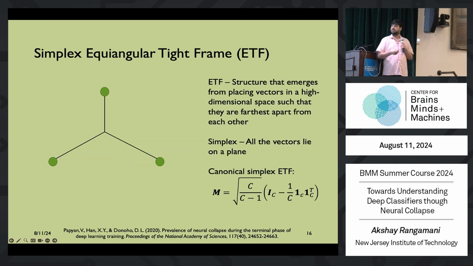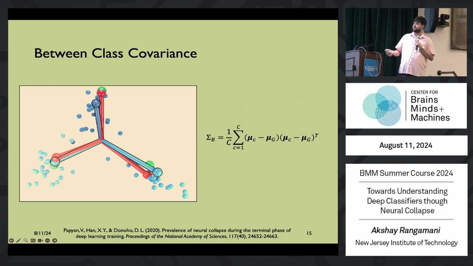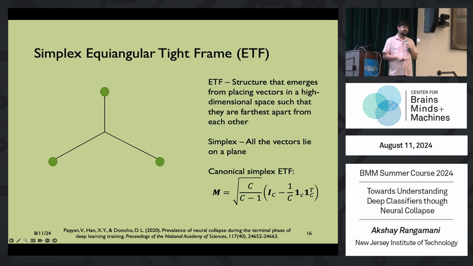Okay. And finally, in this figure, you might have noticed these green dots. Those make up something called a simplex ETF, which is basically a collection of vectors.